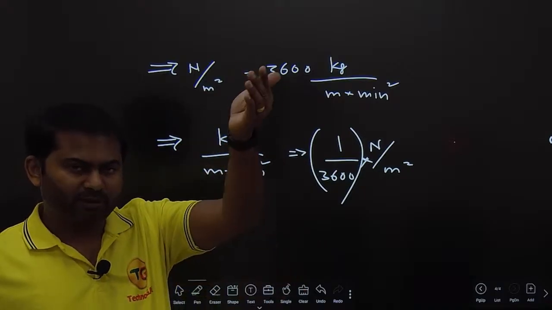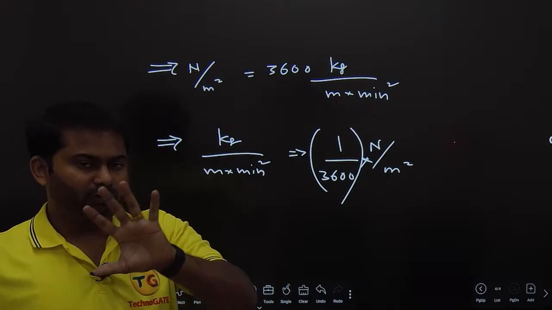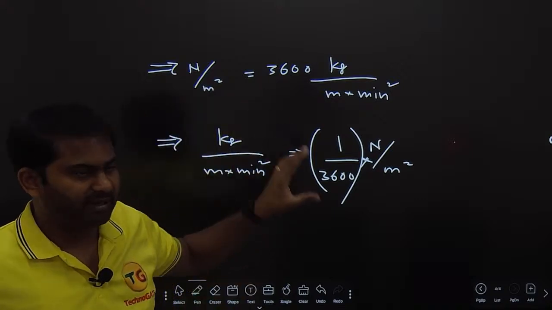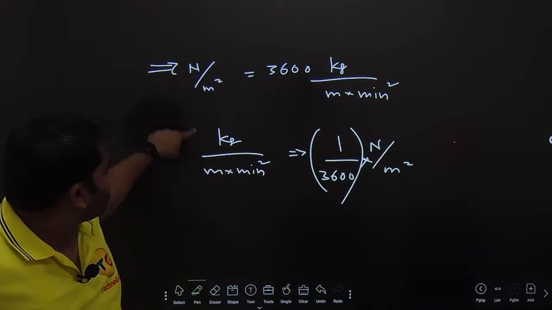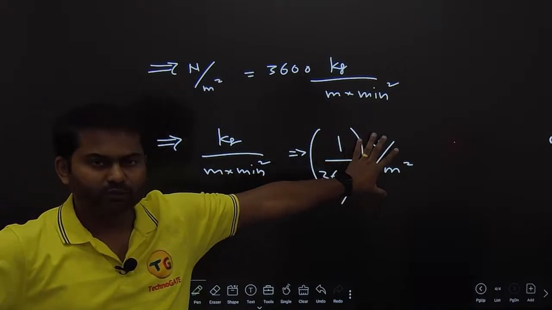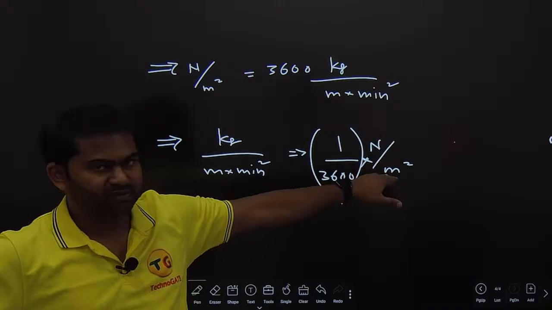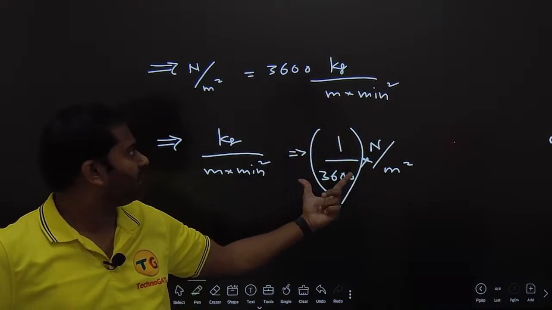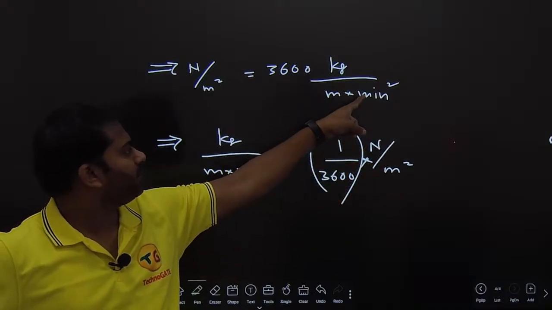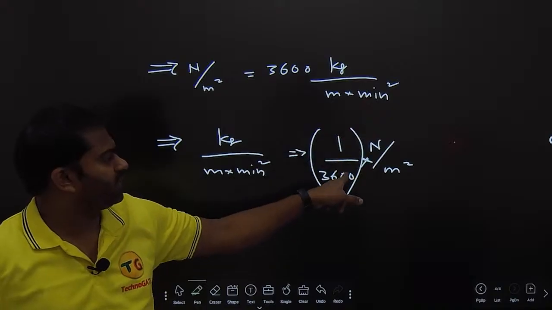If you want to get the final answer in Newton per meter square, we need to convert by multiplying like this. So 1 kg per meter minute square is nothing but 1 by 3600 Newton per meter square.